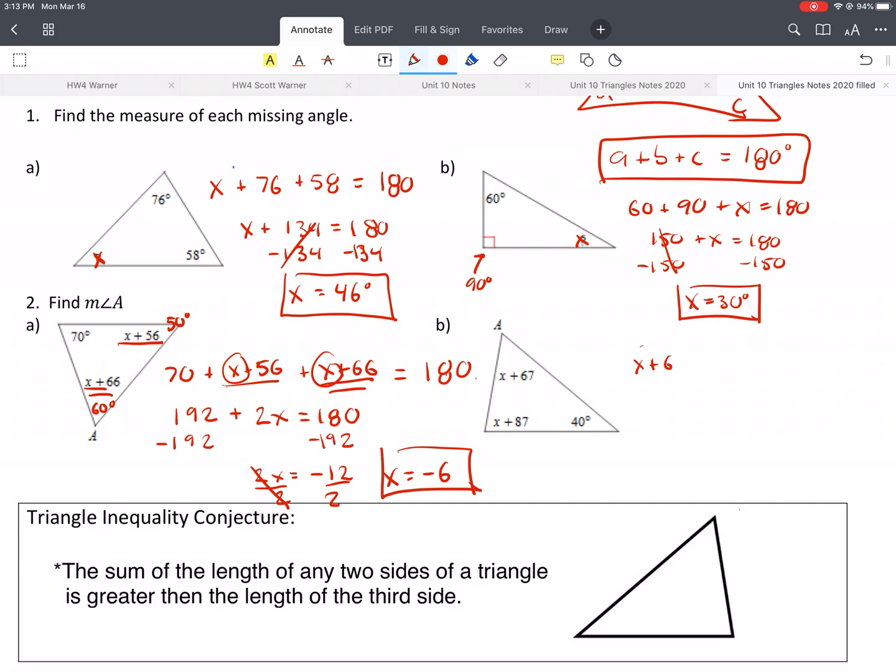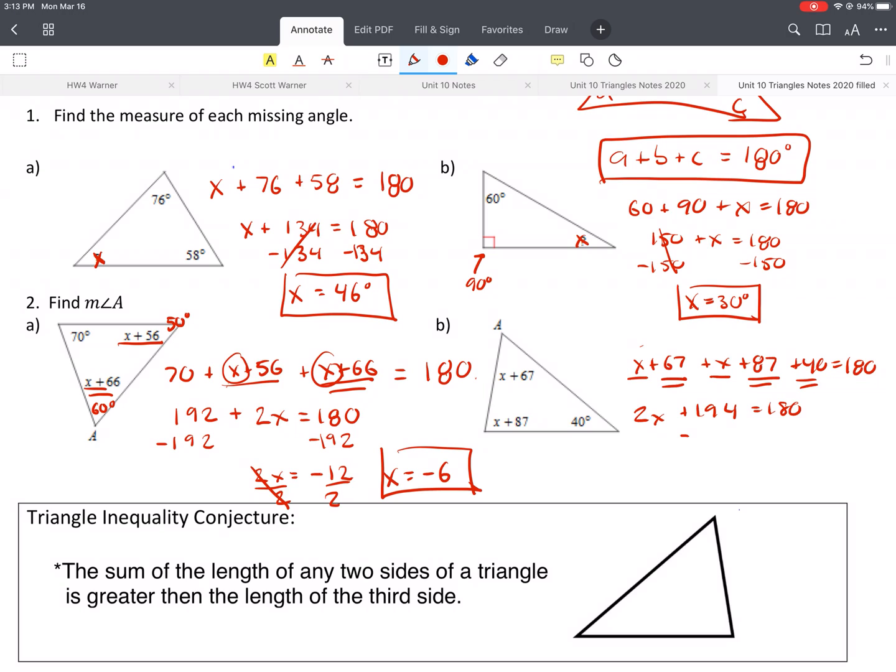x plus 67 plus x plus 87 plus 40 is equal to 180. Combine like terms. x plus x gives you 2x. 67 plus 87 plus 40 gives you 194, so 2x plus 194 equals 180.